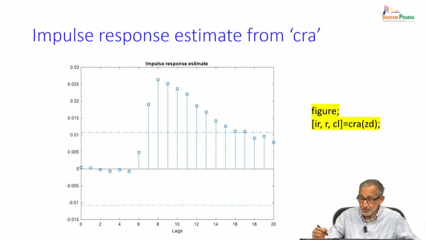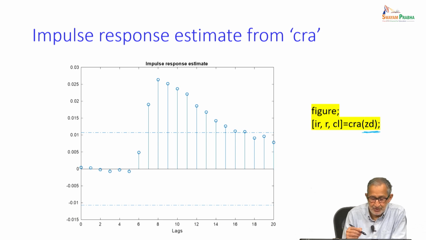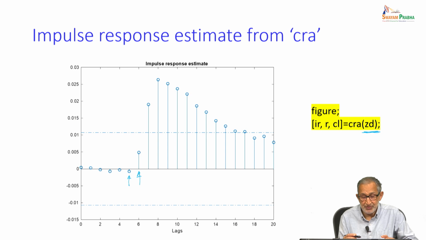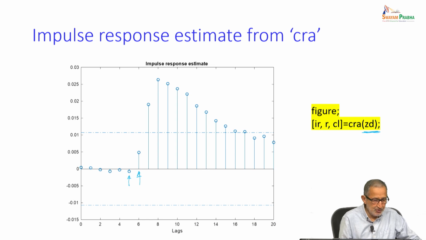We applied the function CRA on the data set ZD. ZD was the detrended data set, and we get this series of impulse response coefficients. The utility of the function CRA in getting this is to determine if there is any delay in the input, and it turns out yes, there is at least a delay of 5 or 6 sample intervals, because these impulse response coefficients are well within the confidence bounds on the estimates of the impulse responses.